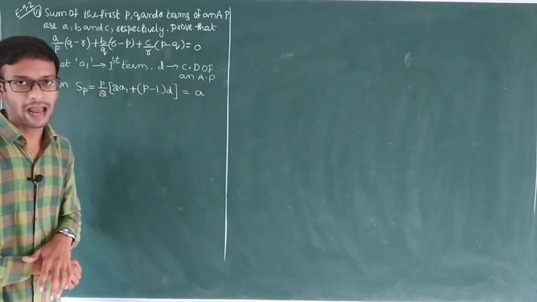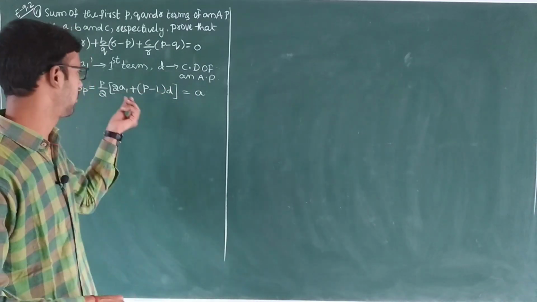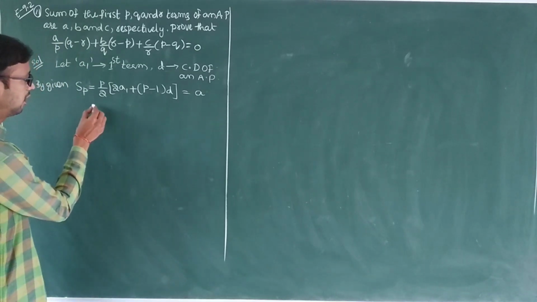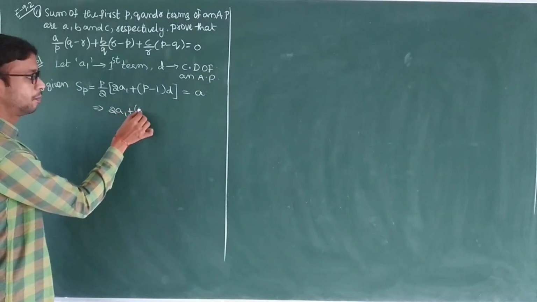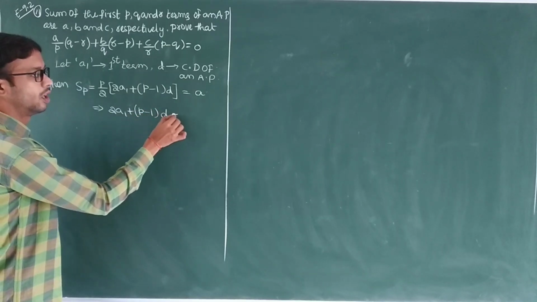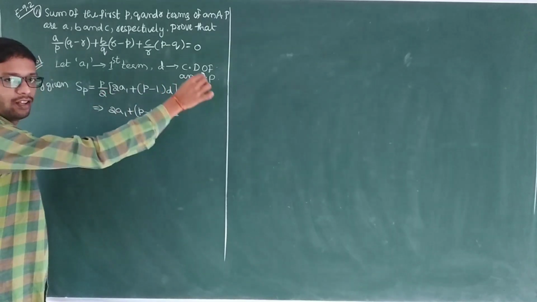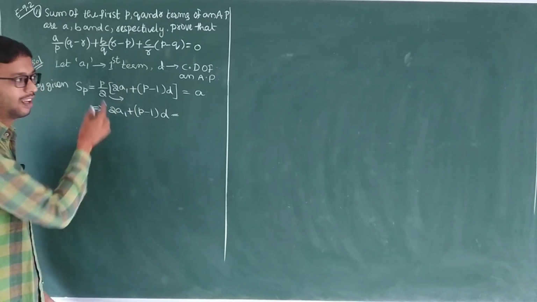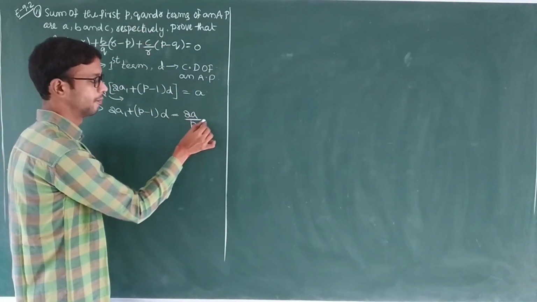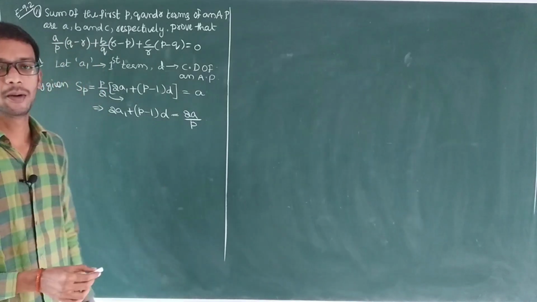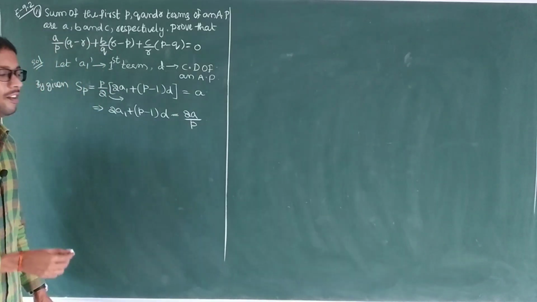Again this A would be confused, so for that purpose only I am taking a1. This implies 2a1 plus P minus 1 into d is equal to 2A by P, sending this value to the right side, it becomes reversed. This is the first one.